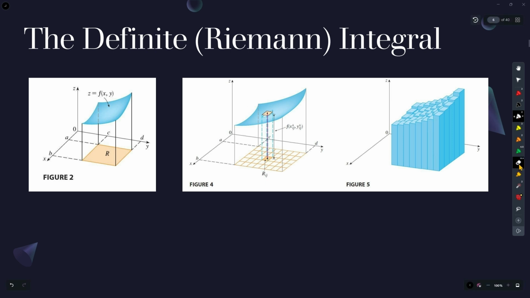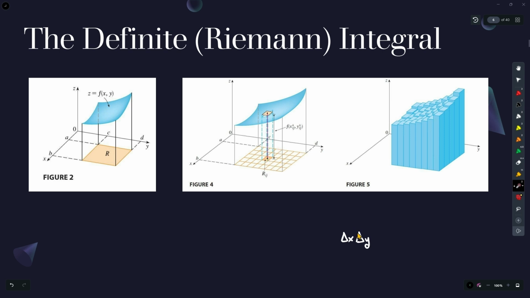First of all, let's figure out what is the volume of one of these boxes. There's going to be delta x and delta y, which is the length of one of those little intervals.